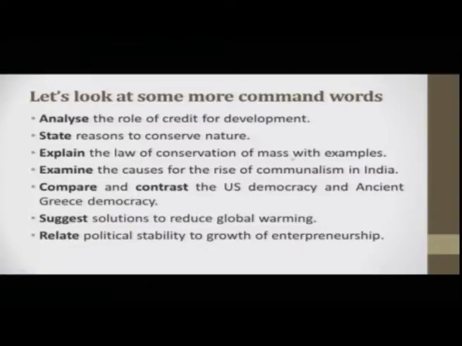Explain the law of conservation of mass with examples. When you see the word explain, details are expected from you, and as the question itself includes, you also have to give examples. You have to go into different stages, steps, procedures and do it in detail.